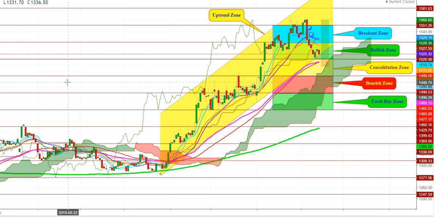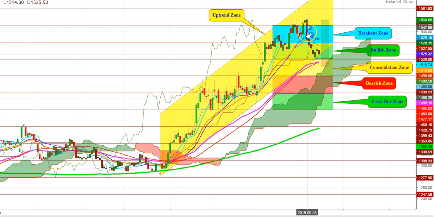While the gold futures moved up to the current levels after a steep downward move which started from the levels of $1560 on September 6, 2019, here you can see that the gold futures touched the highs of $1565 on September 4, 2019.